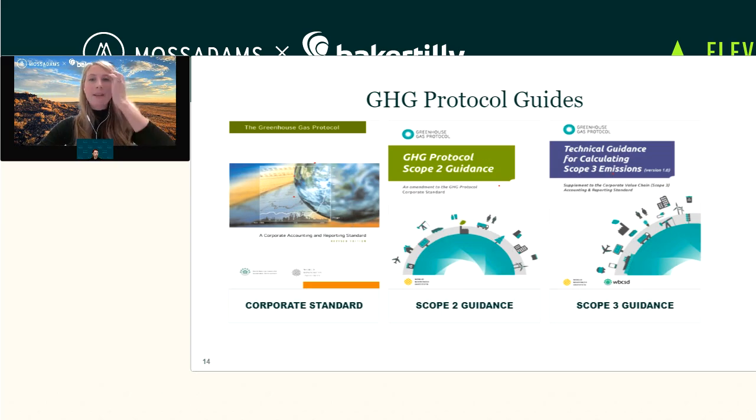Also, as Maddie mentioned, California Senate Bill 253 has stated a recommended alignment with the Greenhouse Gas Protocol. There's a number of protocol guidance documents available from the World Resources Institute, or the WRI. I recommend, if you're just starting to dabble in greenhouse gas emissions calculations and reporting, a quick Google search of the Greenhouse Gas Protocol will pull up these guides.